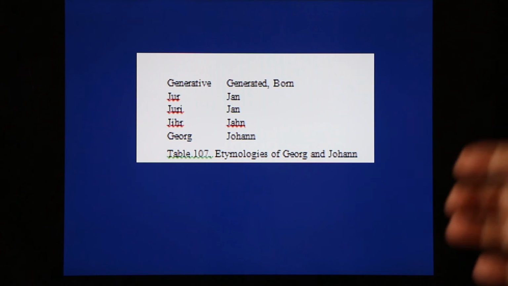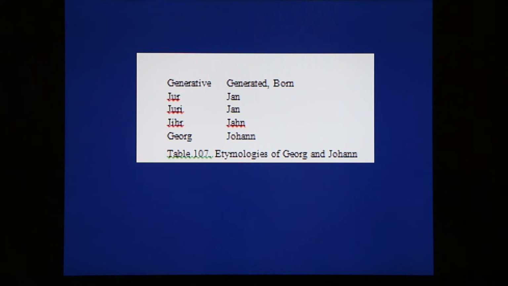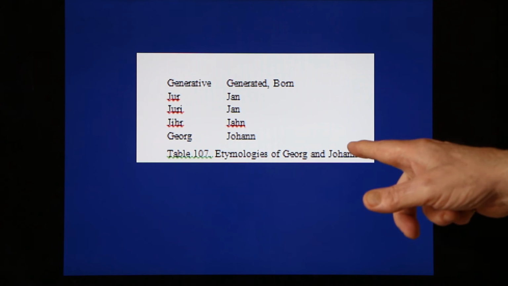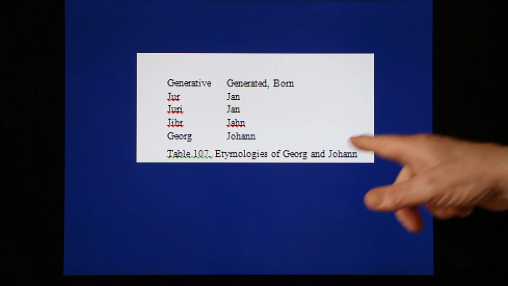And then they start to enter into the names of things. So the generative and the generated, or the born. Yur and Yan becomes Yuri and Yan, and becomes a place called Yuryan in Persia. And from Yuryan, we get Yir and Yan, George and Johann.